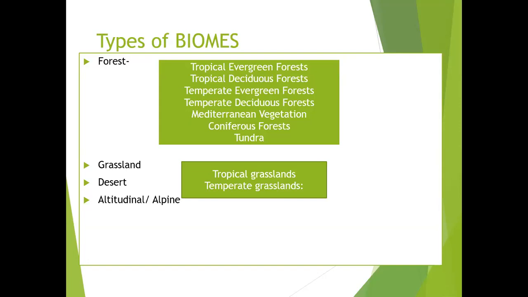On the basis of climate, flora and fauna and the adaptation technique, we have the following categories. First is the tropical evergreen forest. If we talk about geographical location, these forests are found in warm and humid areas. Normally, they extend between 10 degrees north to 10 degrees south latitude along the equatorial region.